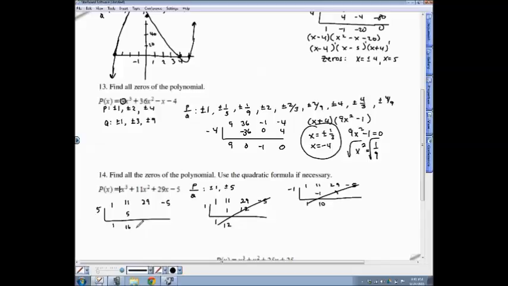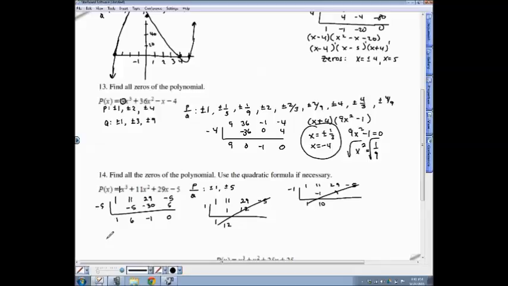Okay, this isn't looking good either. We could try -5. Hopefully -5 is working. There we go, first try.